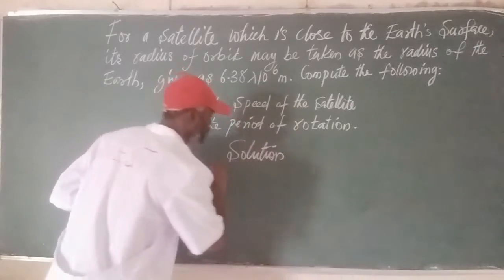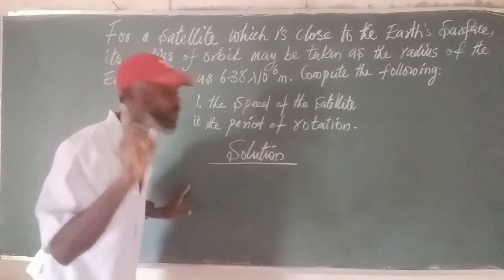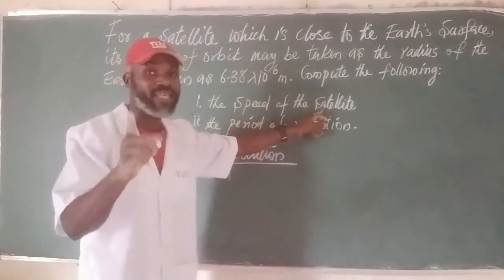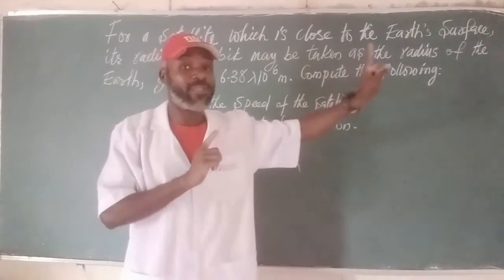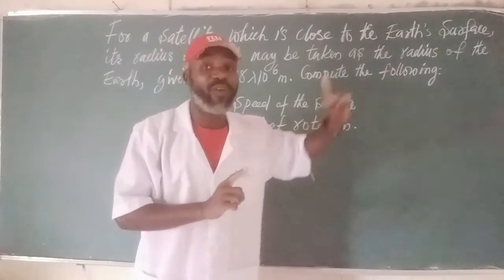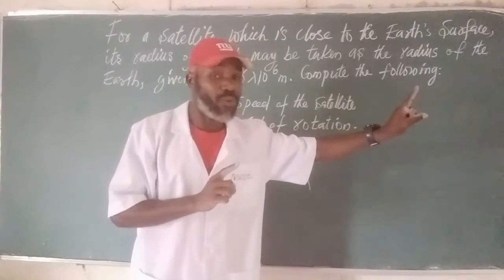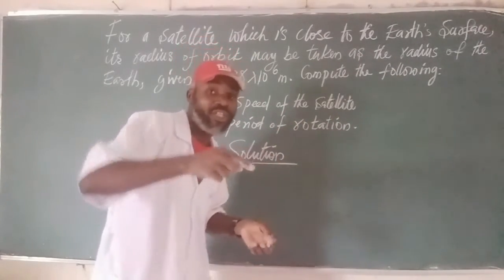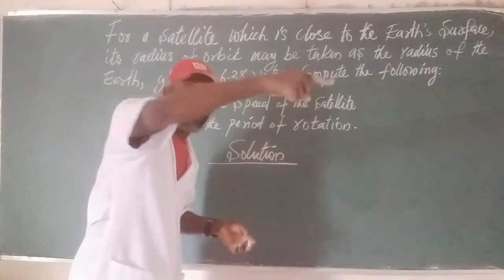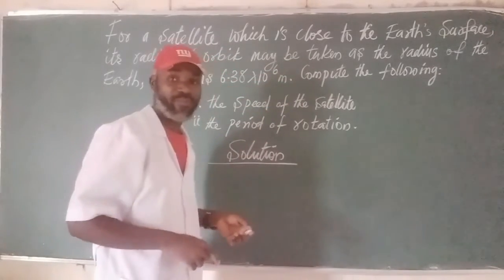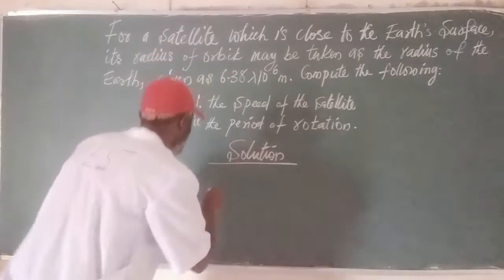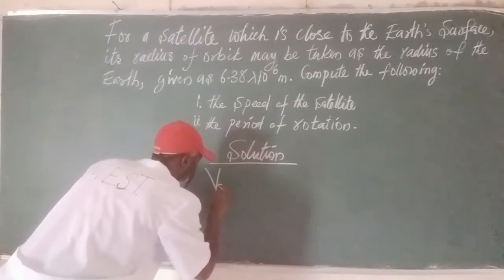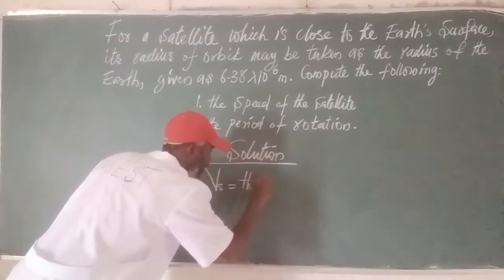The first thing is that we're looking for the speed of the satellite. Take note, it's not the escape speed or escape velocity of the satellite. We're talking about just the ordinary speed of the satellite with which it revolves around the Earth. So that is giving us Vx, the speed of the satellite.